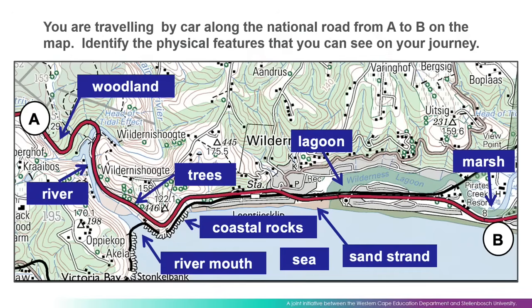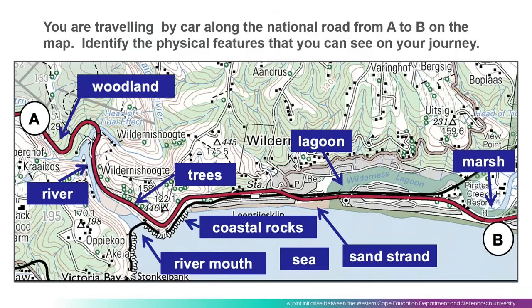So here's a question. Let's just say you receive this map of the Southern Cape area. You can see Wilderness on the map, so we know that this is along the south coast of South Africa. So you are traveling along this national road from A to B, and you are asked to identify physical features that you can see on your journey. You will notice that we have highlighted a few there, and we restrict ourselves to those features that occur naturally.